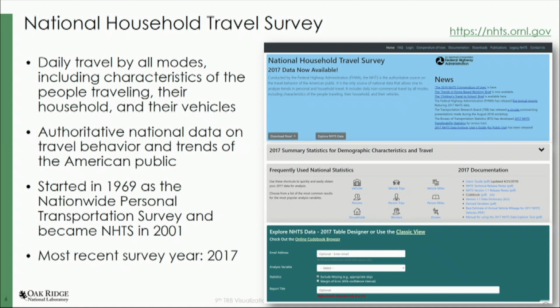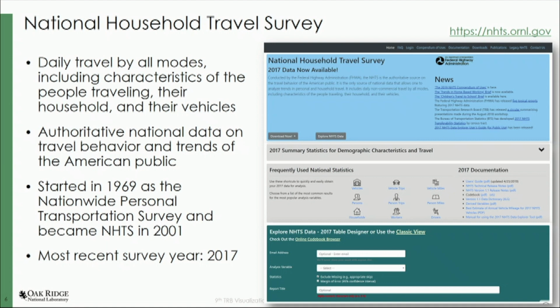It includes information on the person, the household situation, and the vehicle information as well. It's the authoritative national data that's been used a lot for travel behavior studies, and it's used by agencies like MPOs and state DOTs for transportation planning purposes.